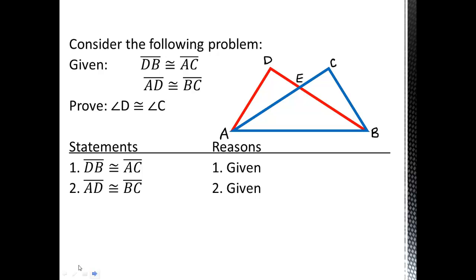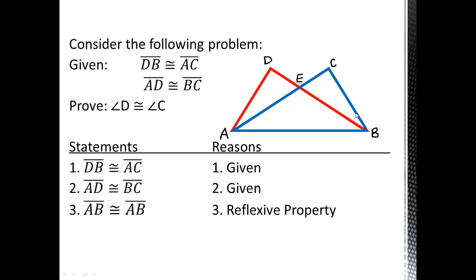Now, since we're trying to prove that angle D and angle C are congruent, and that is what we would need to prove these two triangles congruent by side angle side, that's not going to work. So if you take a look, they both share segment AB. And I know I can do something with that because AB is congruent to AB by the reflexive property.